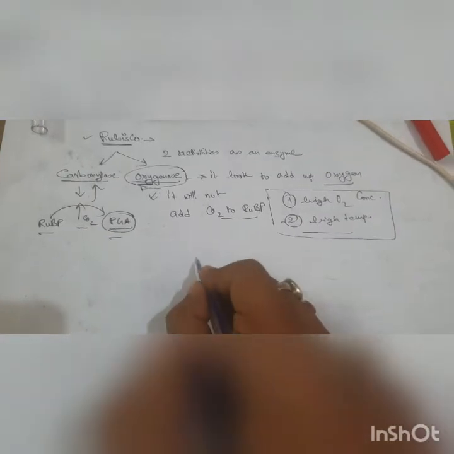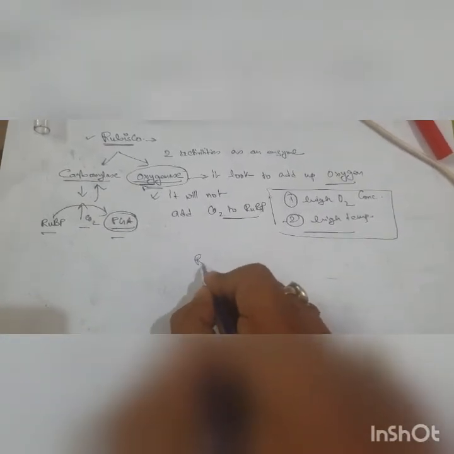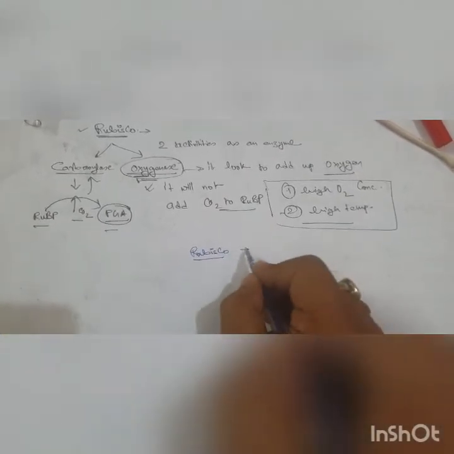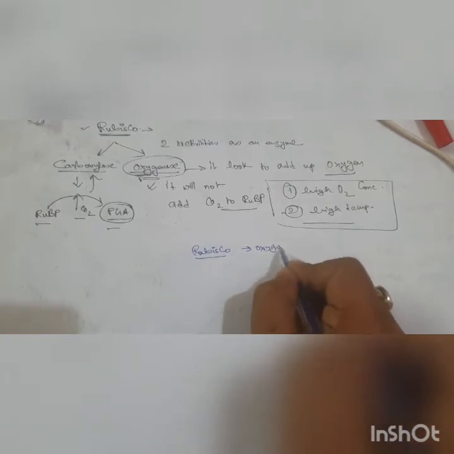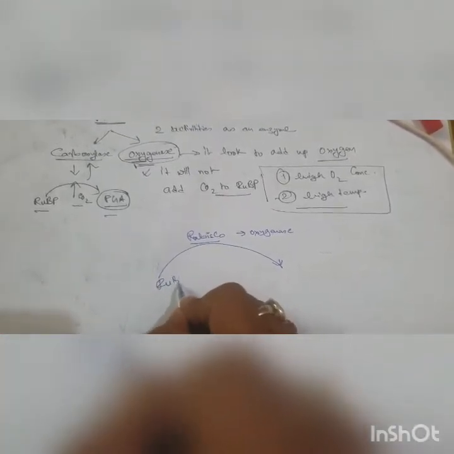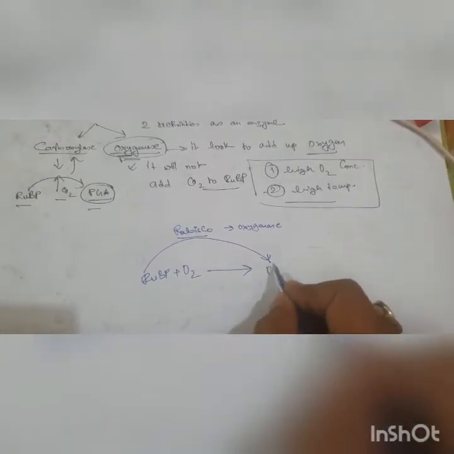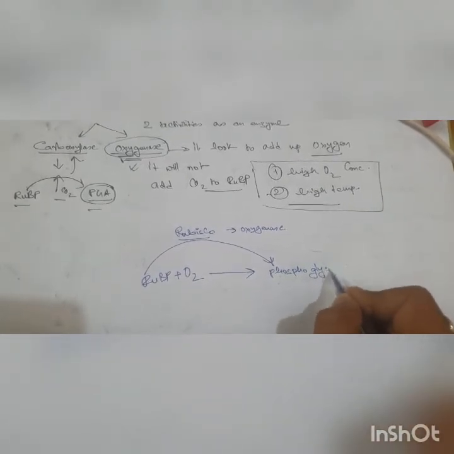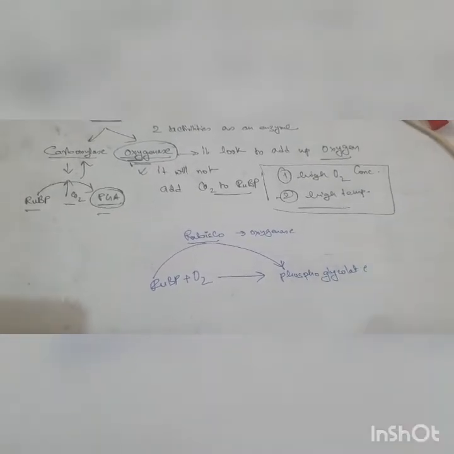Now, as I have said in the previous video, when Rubisco acts as oxygenase, then the RuBP will bind with O2 and the compound that will be formed is phosphoglycolate and not PGA, phosphoglyceric acid.